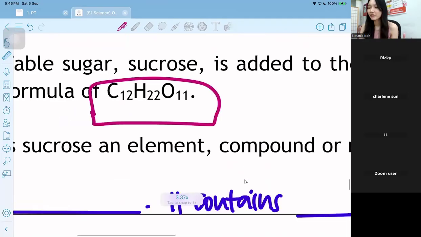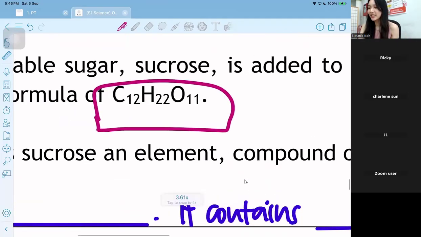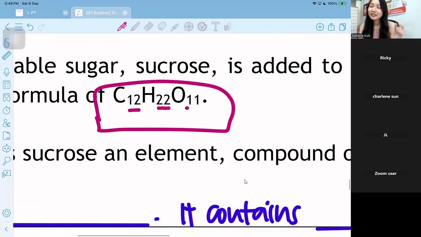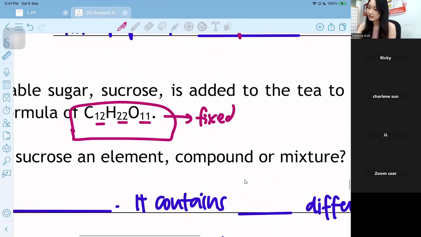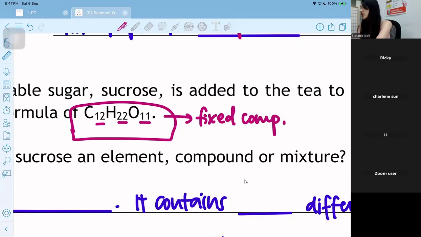They give you chemical formula and it's in fixed numbers. Fixed numbers means it's fixed composition. And you have three different elements: C, H, and O, which is carbon, hydrogen, oxygen, combined together in this very fixed ratio.